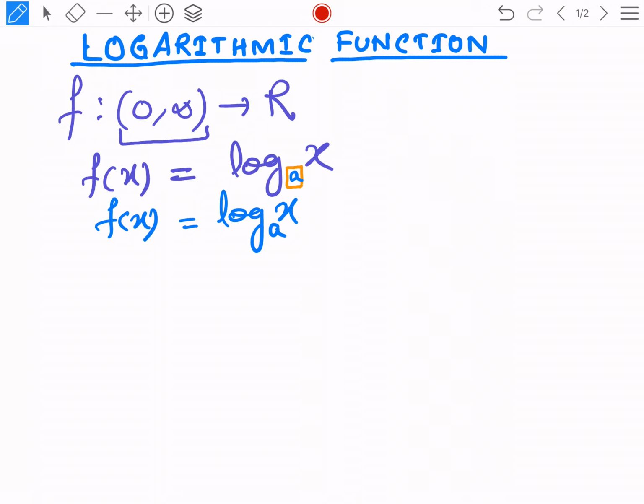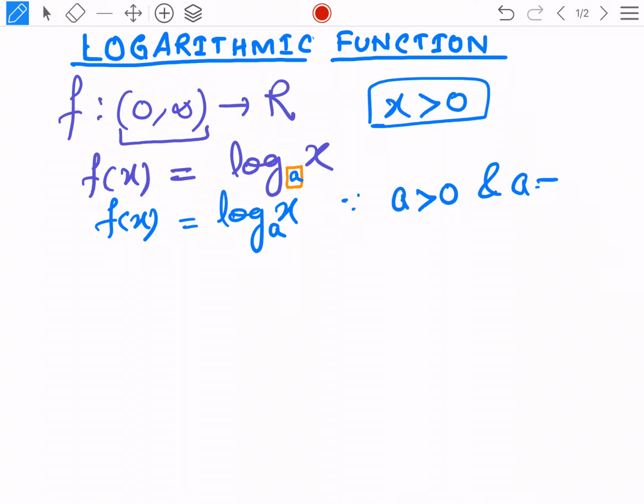Is it clear? x is definitely always greater than 0, so we can find the log only for positive real numbers. But a is also greater than 0 and a is never equal to 1. This is also a condition.